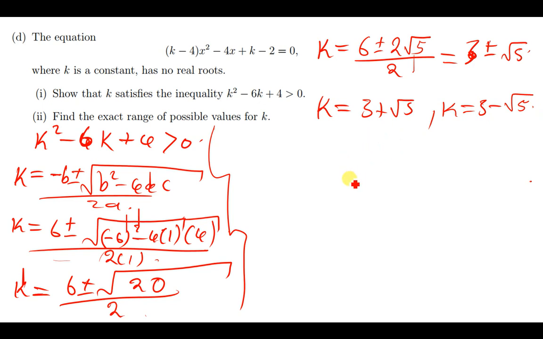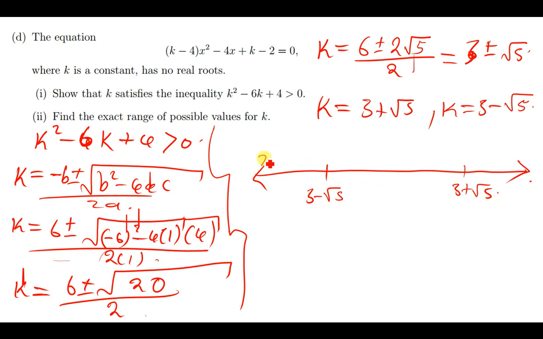So now we can put this on the number line. So we have 3 minus the root of 5, then we have 3 plus the root of 5.